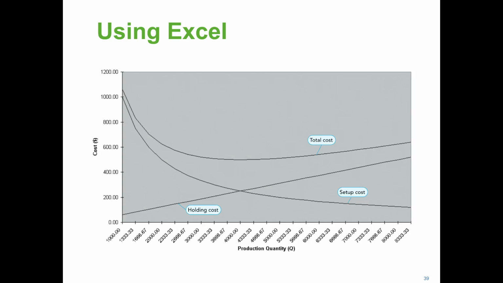Using Excel, we have plotted these holding costs and setup costs and the total cost, and of course we can see that the minimum is occurring at about 4,000 units.